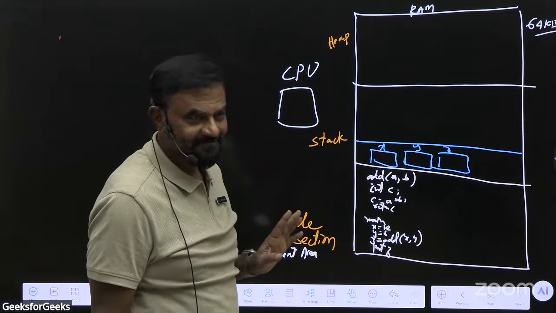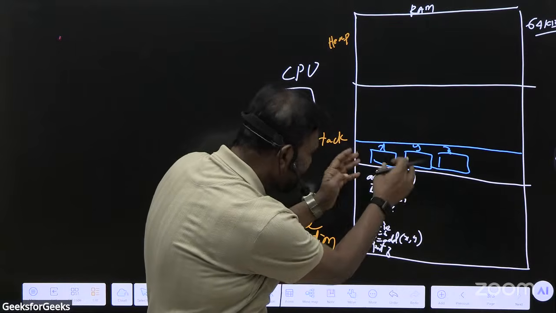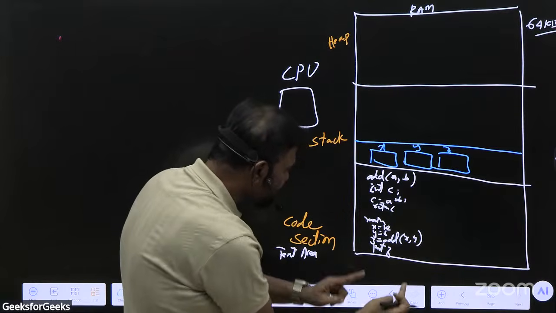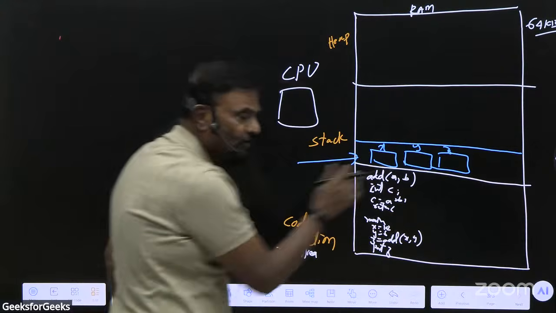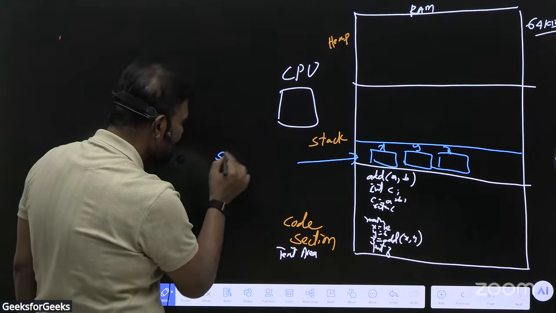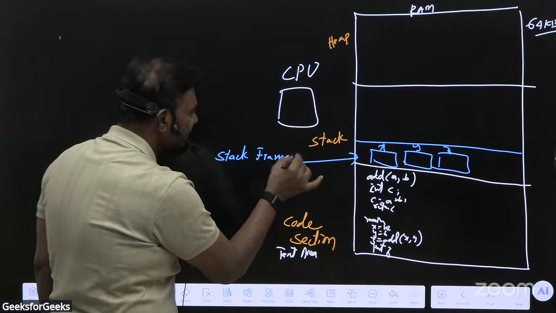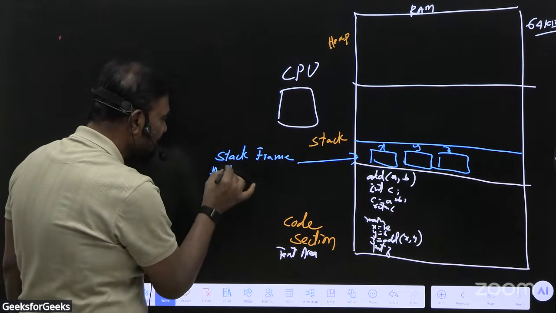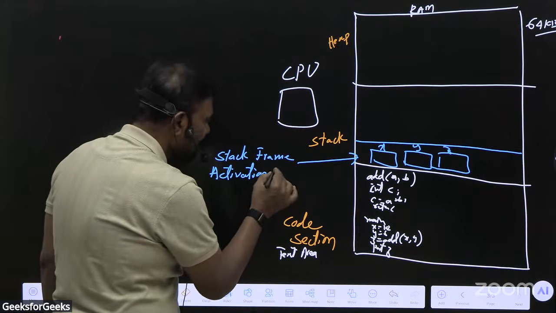Stack. The piece of memory allocated for the variables that belong to main, this block, we call it a stack frame, and it is also called an activation record.